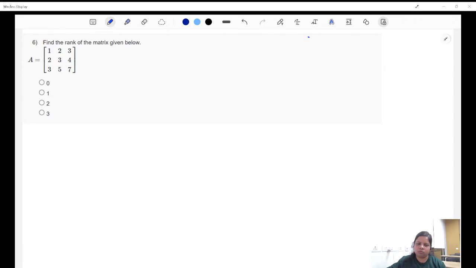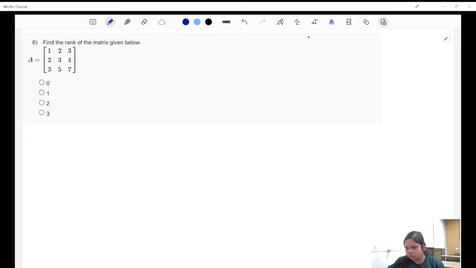So we can go using various ways. We just have to come to a point where we find that these are linearly dependent.